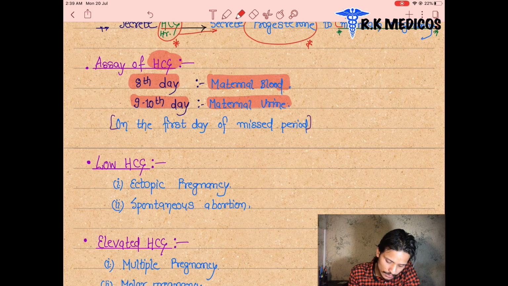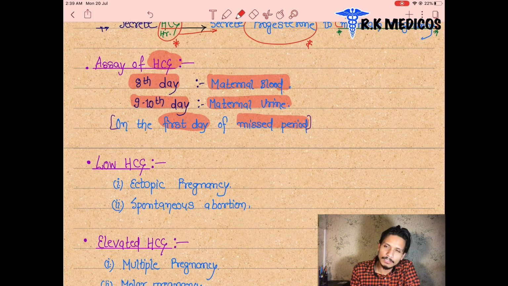And suppose a lady has an absence of the menstrual cycle, so she goes on the first day of the missed period and checks the HCG level in the maternal blood, to identify whether she is pregnant or not.